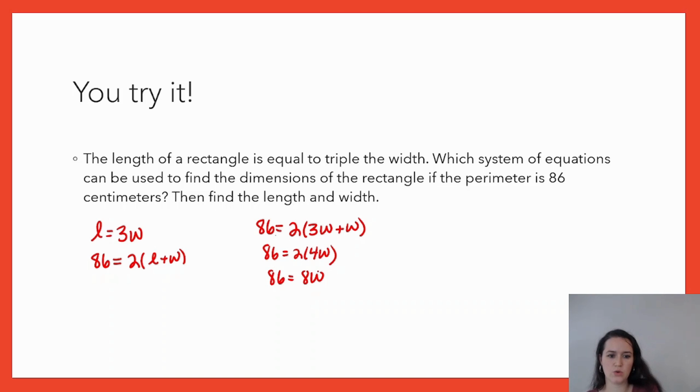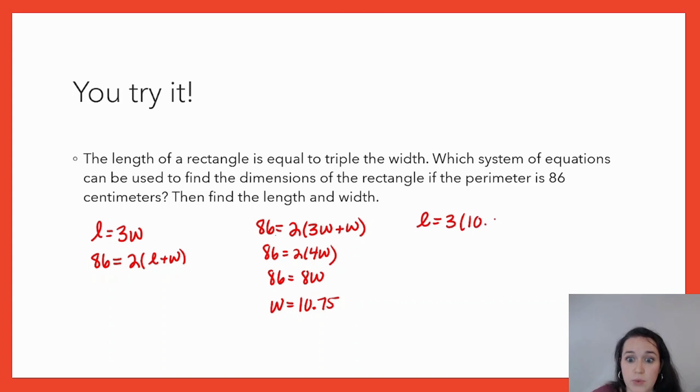So let's find out what W equals. W equals 10.75. Then to find the length, length equals 3 times 10.75, which equals 32.25.